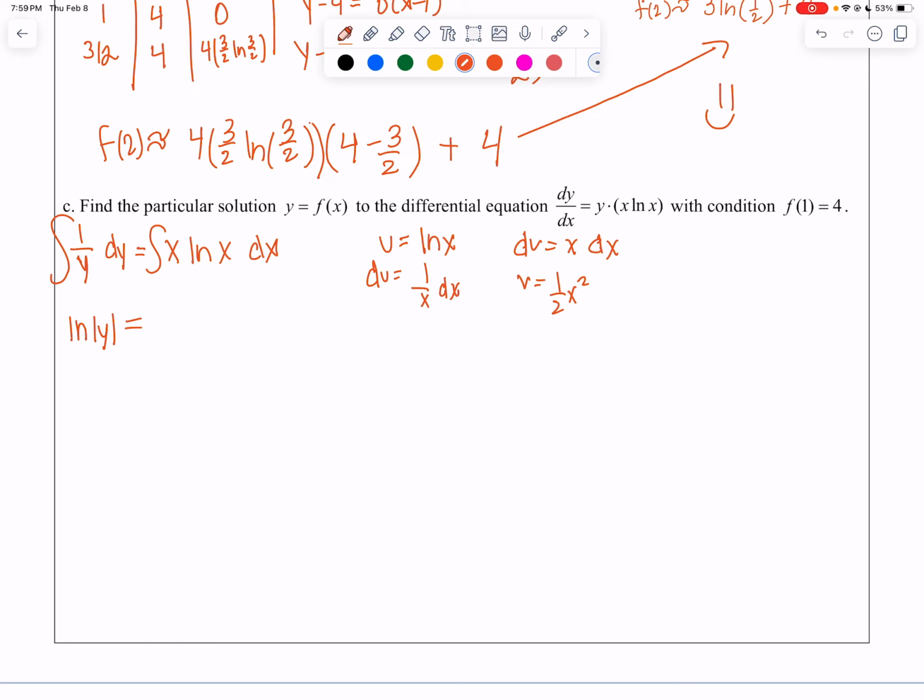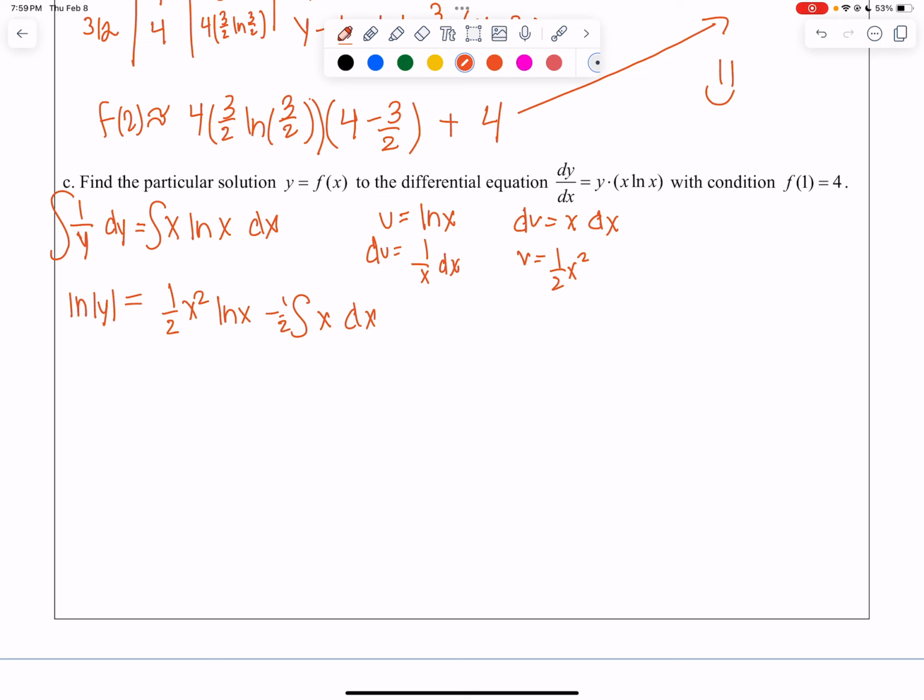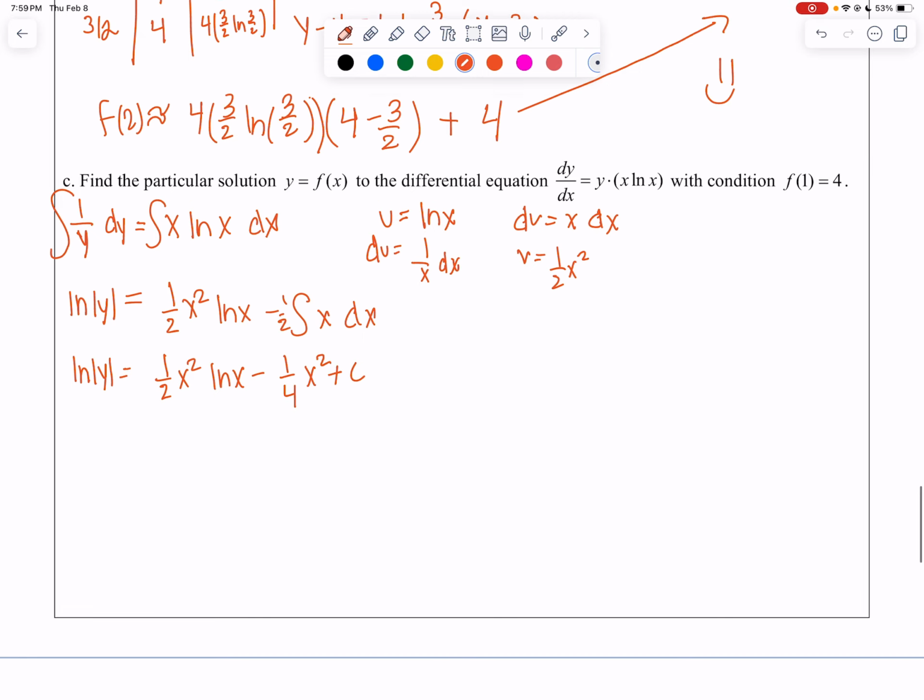So you have uv, 1/2 x squared ln of x, minus the integral of 1/2 x dx. All right, I'm going to take the integral of this and simplify it. It's going to give me 1/4 x squared plus c.